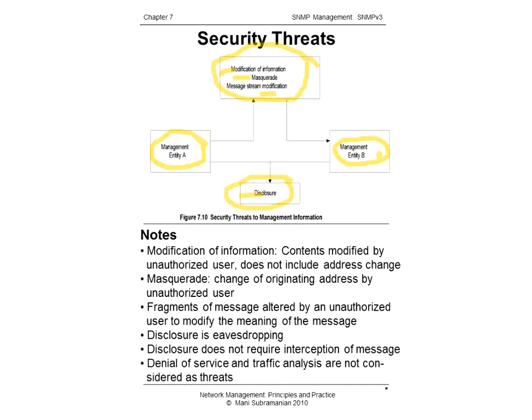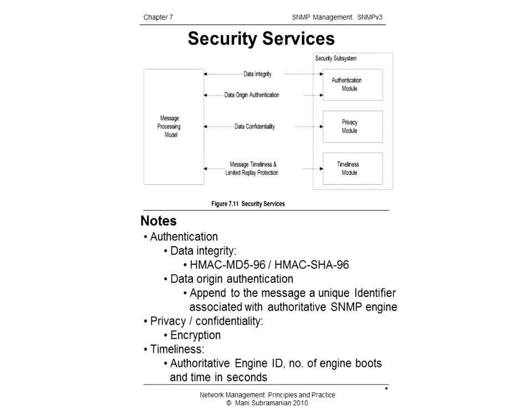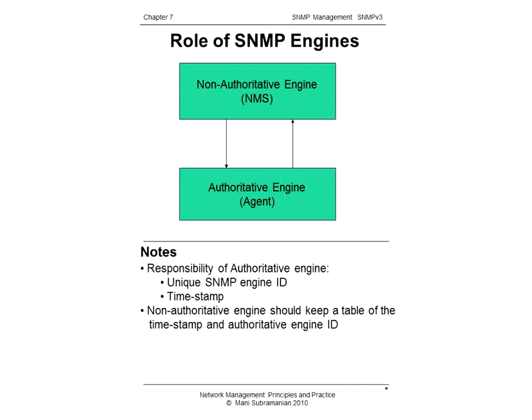The second threat that is not considered a management threat is traffic analysis by an unauthorized user. It was determined by the IETF SNMP V3 working group that there is no significant advantage achieved by protecting against this attack.